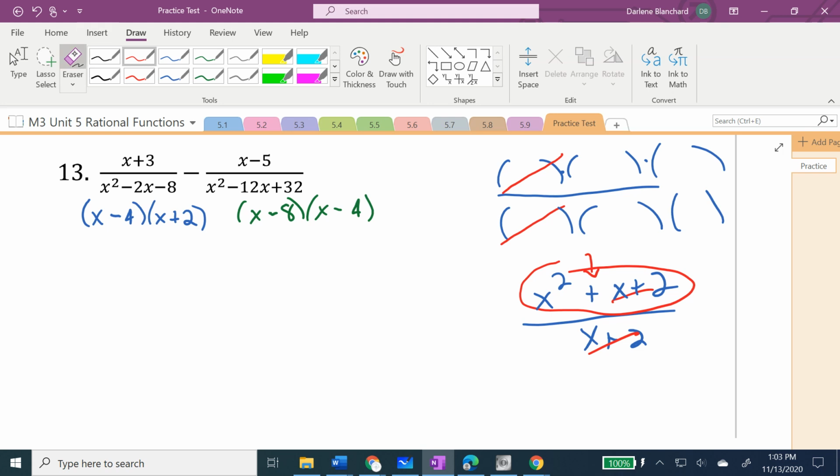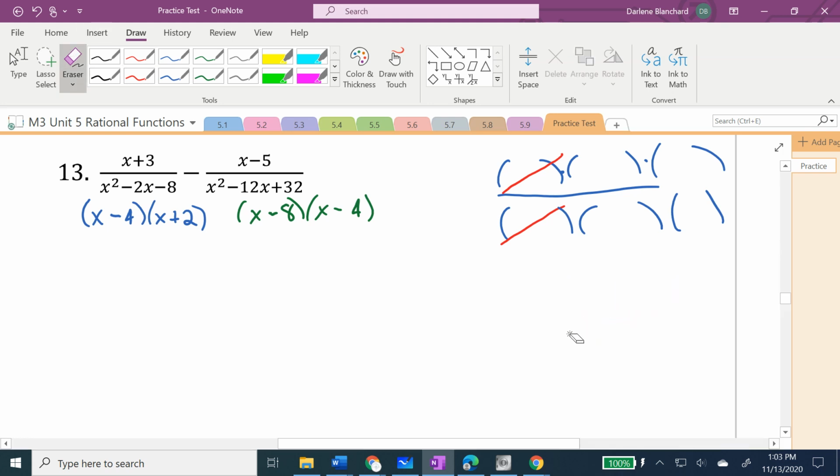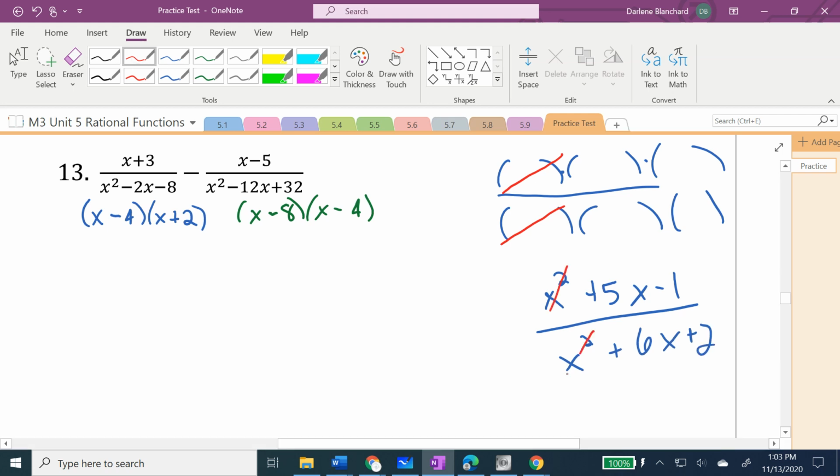I also see people making the mistake of doing, and I'm just throwing out some random things, say x squared plus 5x minus 1 over x squared plus 6x plus 2. You cannot cancel these x squareds. They are adding to other things in their numerator and their denominator.